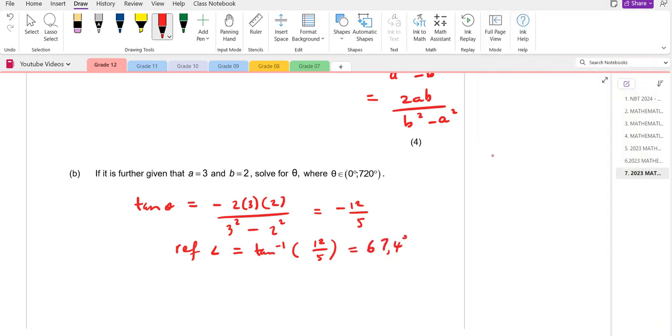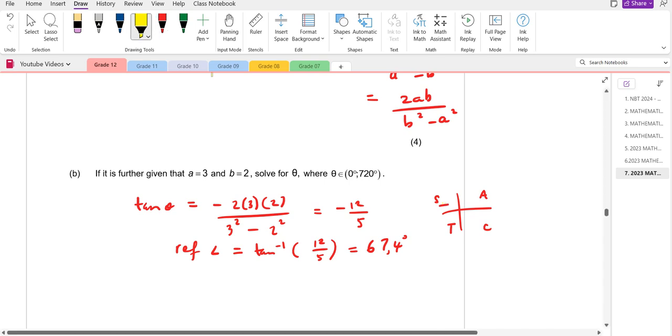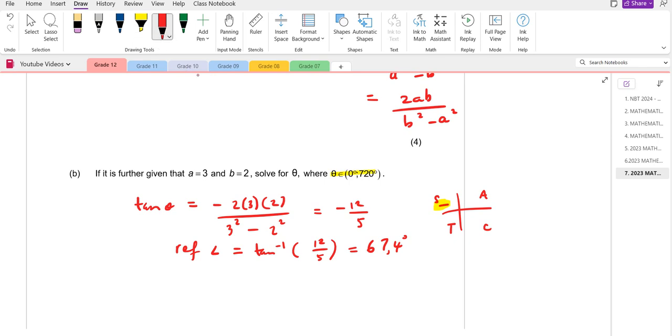So where's tan negative? Cast diagram. So tan is negative in the second quadrant. Just use the second quadrant and we're going to get a general solution here. We don't use third and fourth quadrant when we use tan, okay? So theta is now equal to 180 minus 67.4 plus k180, because the k180 takes into account the third and the fourth quadrants.